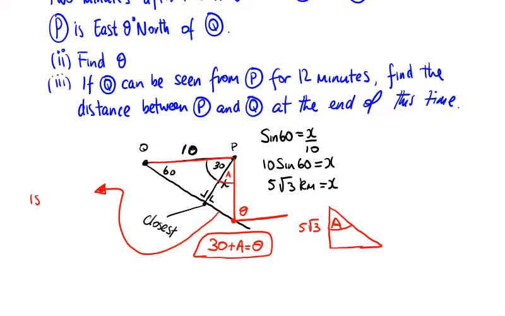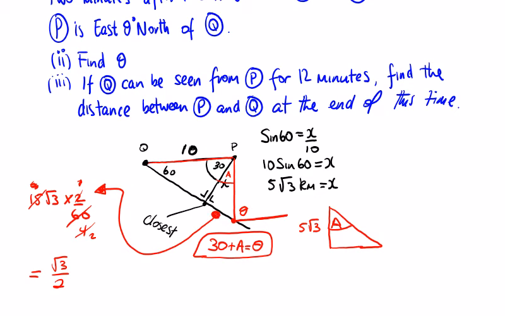So 15 root 3 kilometers an hour by 2 over 60 will give me that distance there. That becomes a 4 on the bottom, and the 4 and the 2 will cancel. That becomes a 1, that becomes a 2, so we're left with root 3 over 2 for that side.